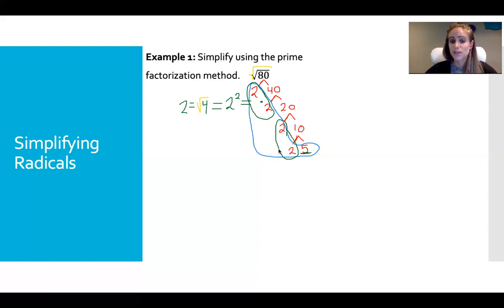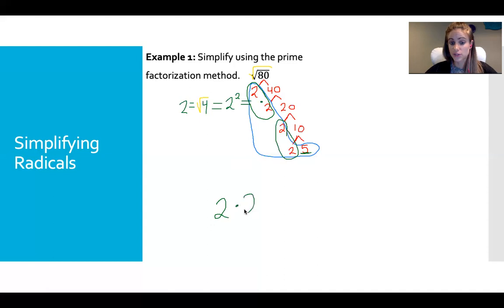Now, if we look back, now that we've identified our pairs, we can do the real simplification. Here, we have our first pair of 2's. 2 times 2 is 4. The square root of 4 is 2, which means 2 is outside of your radical. And then I had another pair of 2's. 2 times 2 is 4. The square root of 4 is 2.